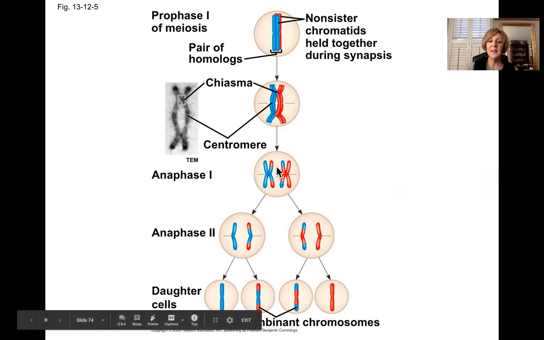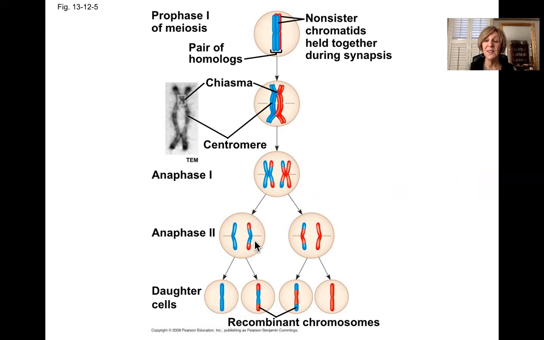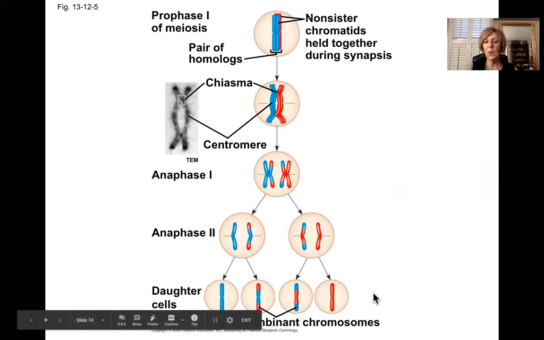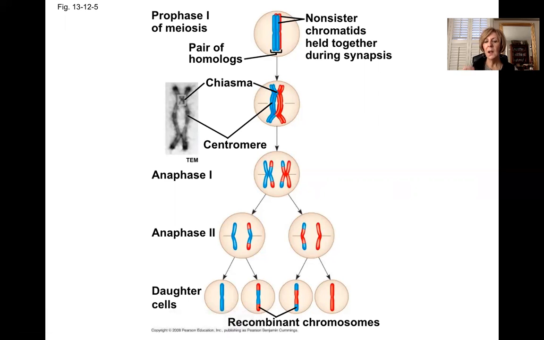And as I go through anaphase 1, the pairs separate. In anaphase 2, the chromatids separate. And I end up with 4 daughter cells. 2 of those are going to be recombinant chromosomes.